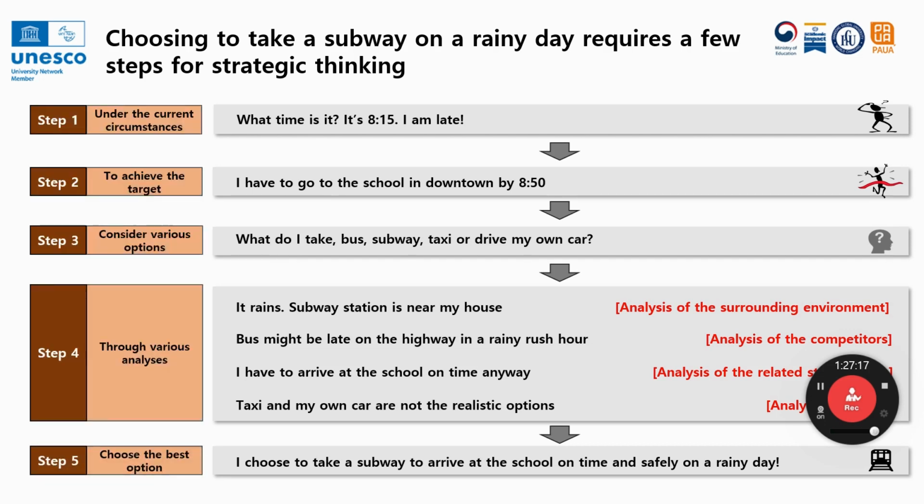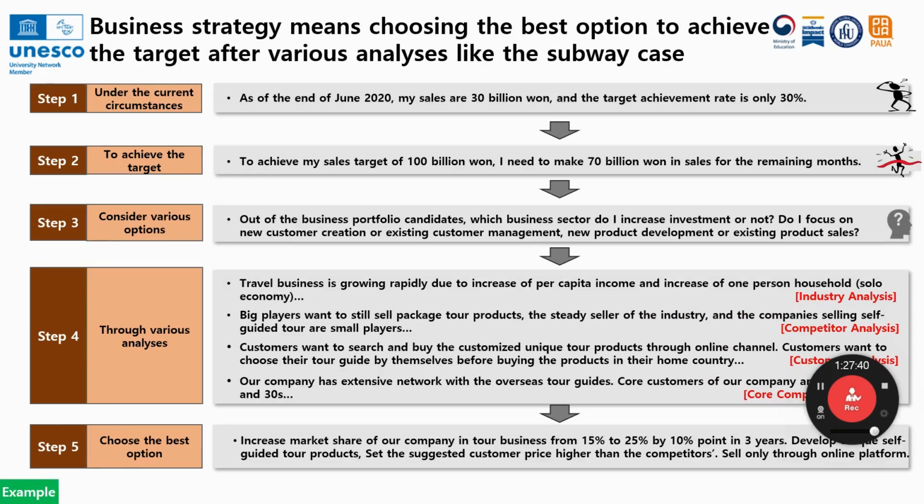So implicitly, you do a lot of analysis in choosing something as simple as a transportation means on a rainy day. Based on our thinking process, I developed the steps from step number 1 to step number 5, and then I applied those simple 5 steps in developing actual business strategies, because the business strategy development process is quite similar to the subway case.